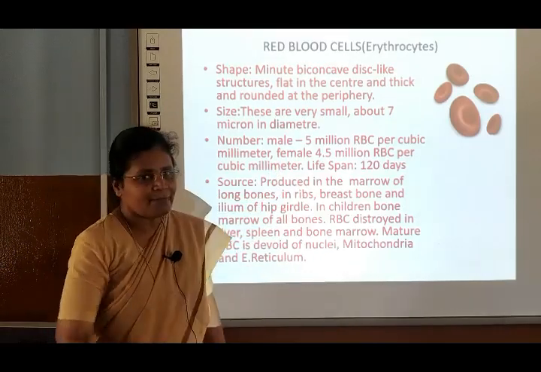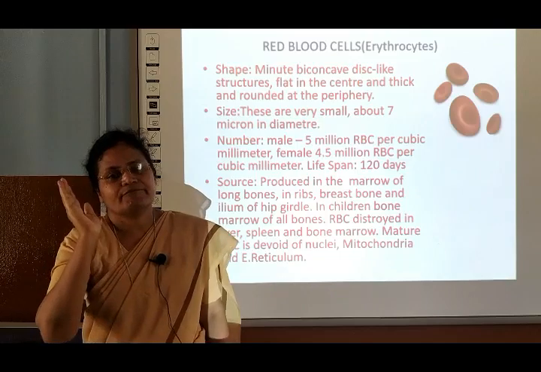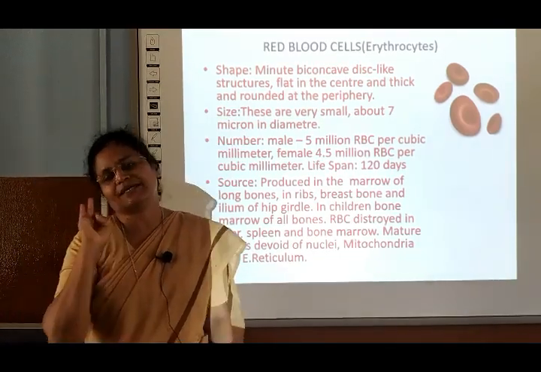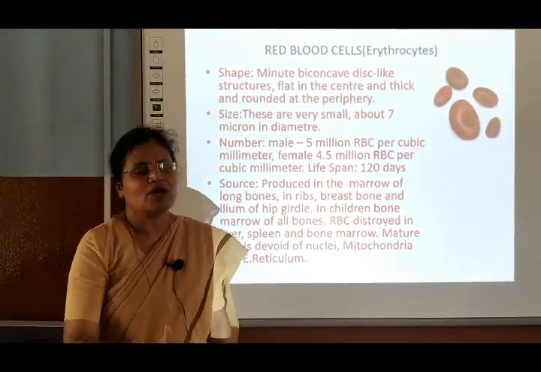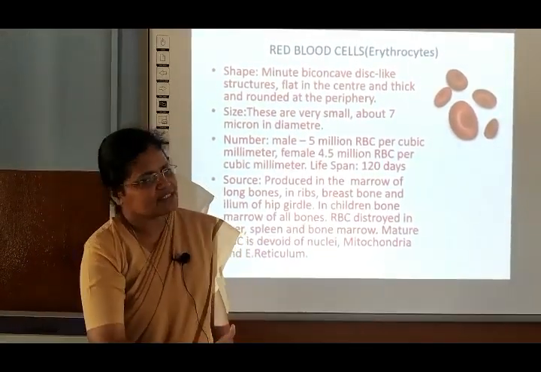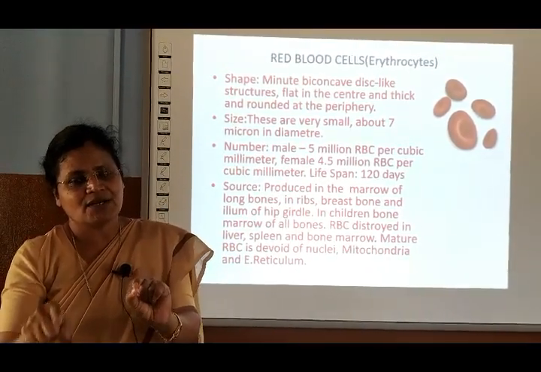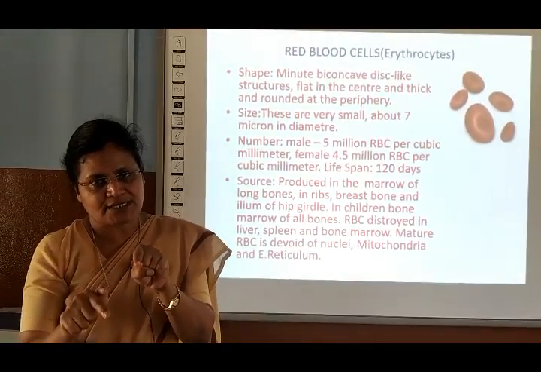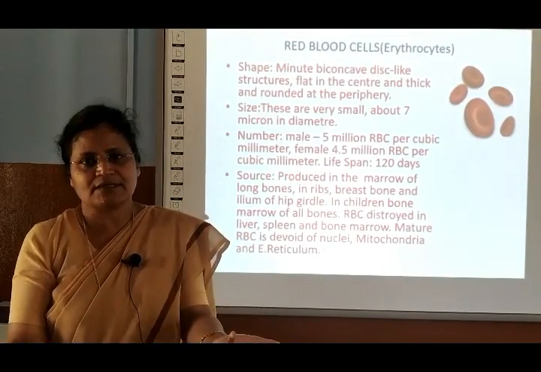Remember, they will ask you in the exams, give reason, RBC is devoid, meaning without nucleus, endoplasmic reticulum and mitochondria. I told you it has no mitochondria because no oxidation will take place, because mitochondria means cellular respiration, meaning glucose will utilize oxygen, and what is there in RBC? Oxygen. So if mitochondria used the oxygen, then what would it transport?